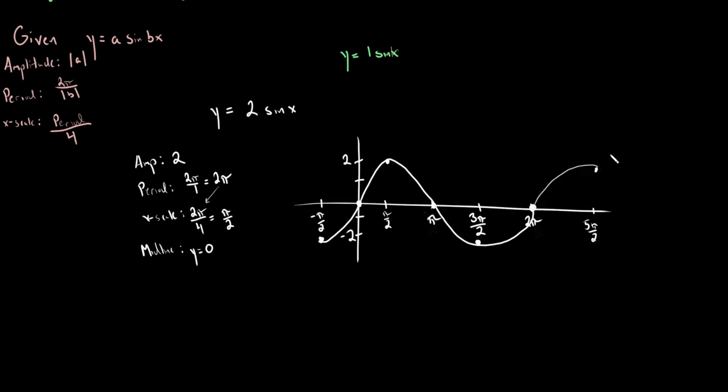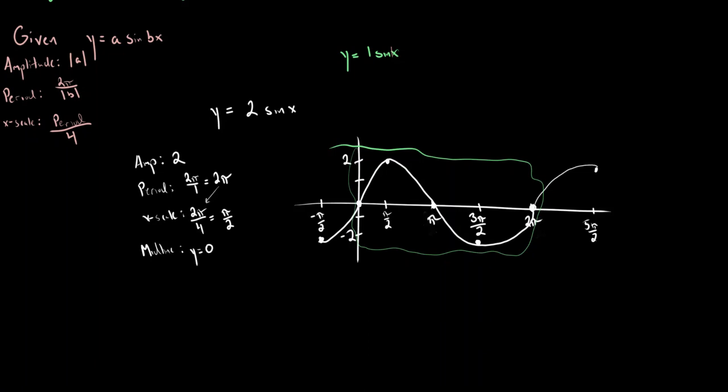It doesn't necessarily matter. For my purposes, I just want you to graph one full cycle, which is this chunk right here. So notice midline went up to its maximum, down to its minimum, back to its midline. That's one full cycle. Okay, so that's how we graph these.